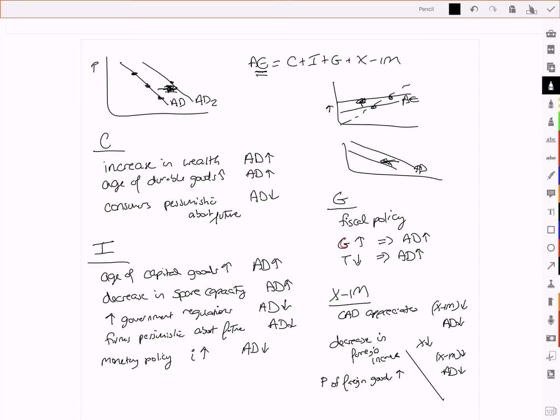So foreign goods get more expensive, then imports are going to go down. Foreigners would rather buy from us because we're cheaper, because the price of their goods is higher, so exports will go up. That means X minus IM will go up, and aggregate demand will therefore increase.